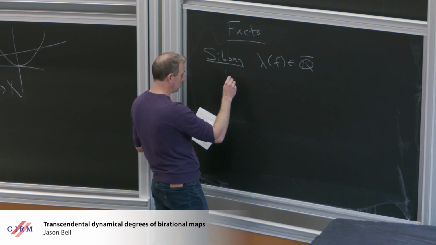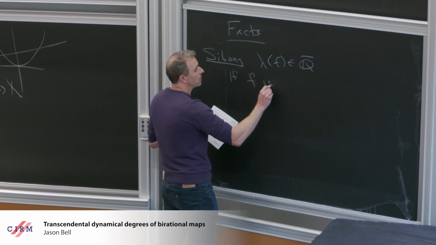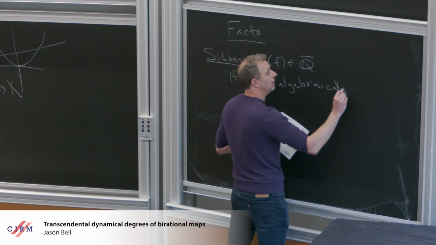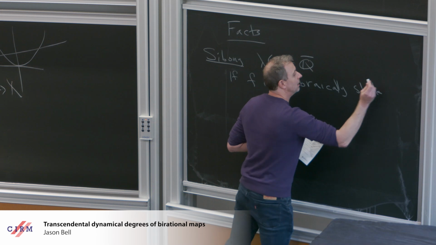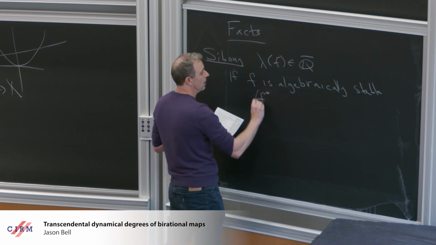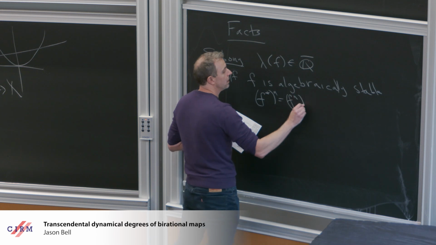But lambda f is this if f is what's called algebraically stable. And all this means is that pullback commutes with iteration.